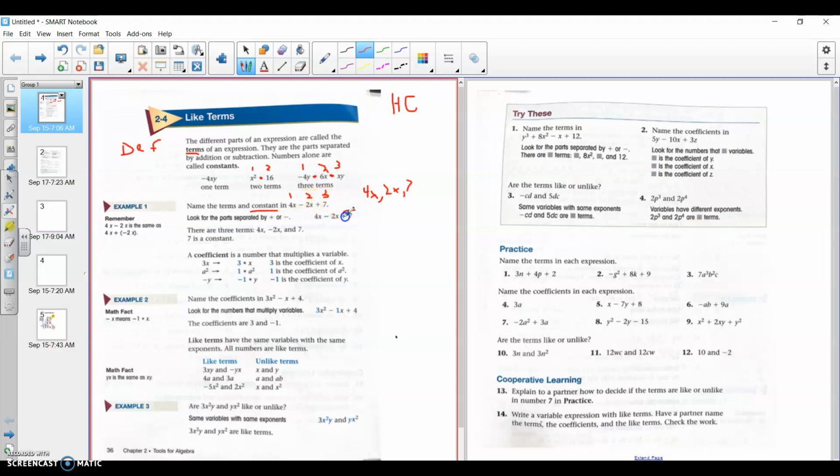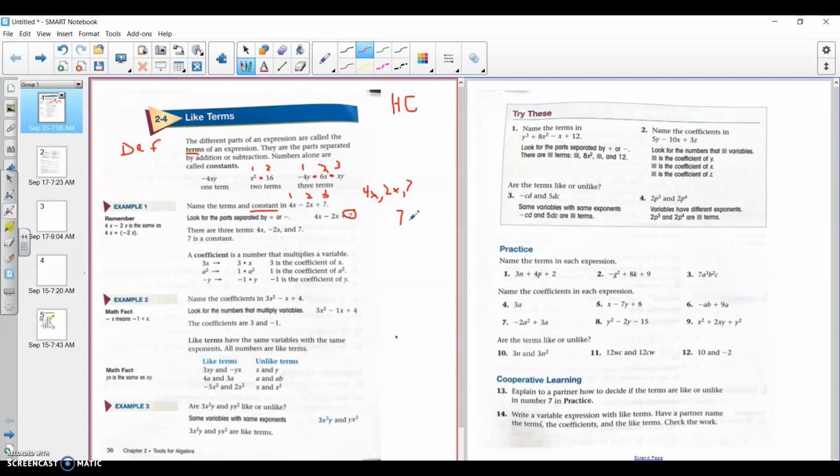The 7 is all by itself. It is called the constant. So your answer for the constant part would be just 7. Okay? And I think they make that pretty easy on our work. They don't ask for two things in one answer. So they're not going to ask for the constant and the terms. They're just going to ask one or the other.